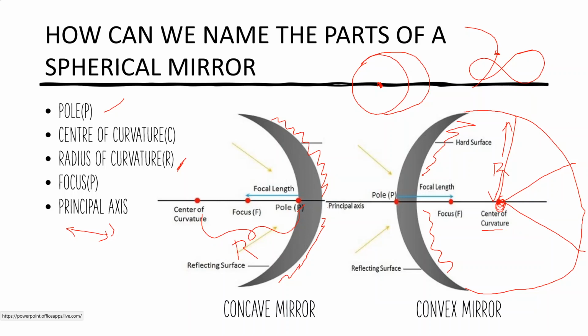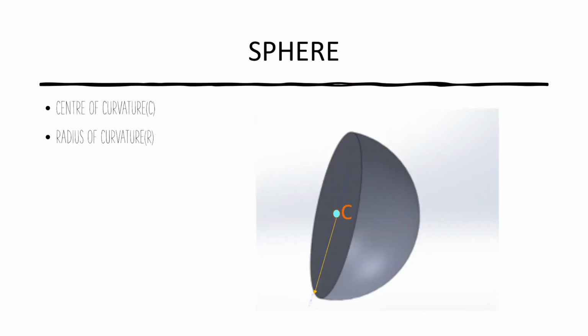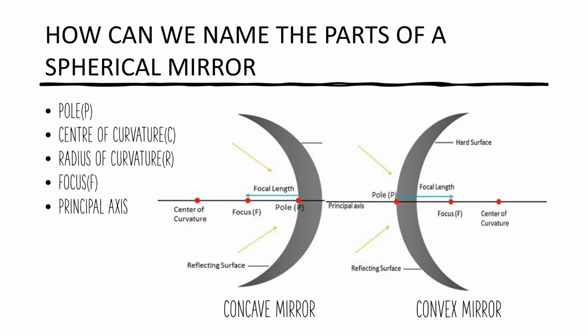Okay. Now, focus. What is focus? To tell mathematically, the focus is half of the radius of curvature, the point located midway along the radius of curvature.